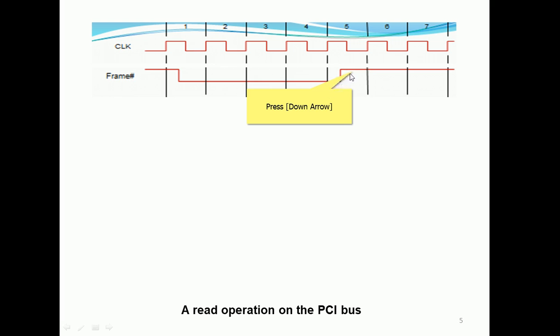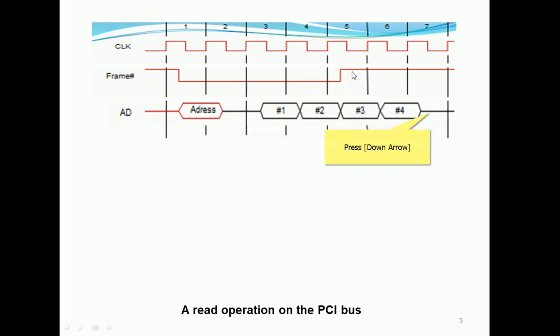During that time the data is active. Along with that, the address will be sent to where they have to write. The address will be encoded, and from the 3rd clock onwards it will be byte 1 of address, byte 2 of address, byte 3 of address, byte 4 of address. There are 4 bytes of address.